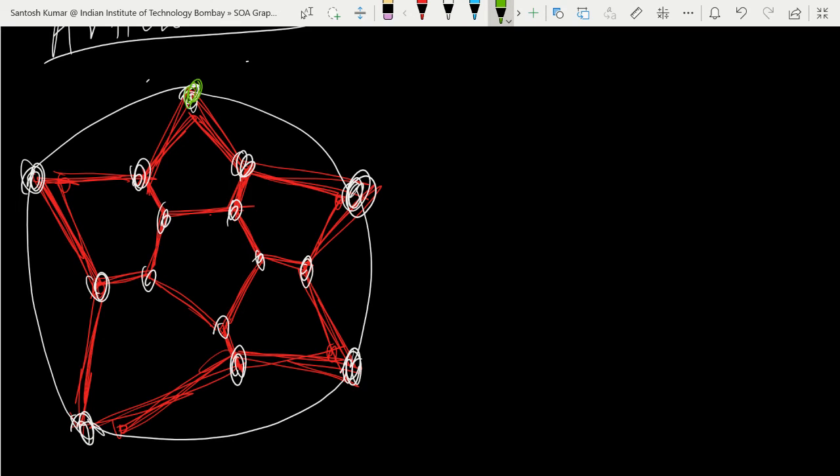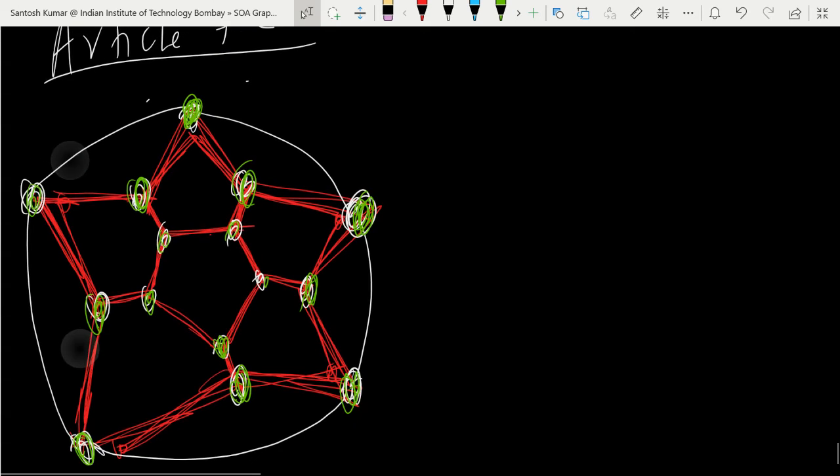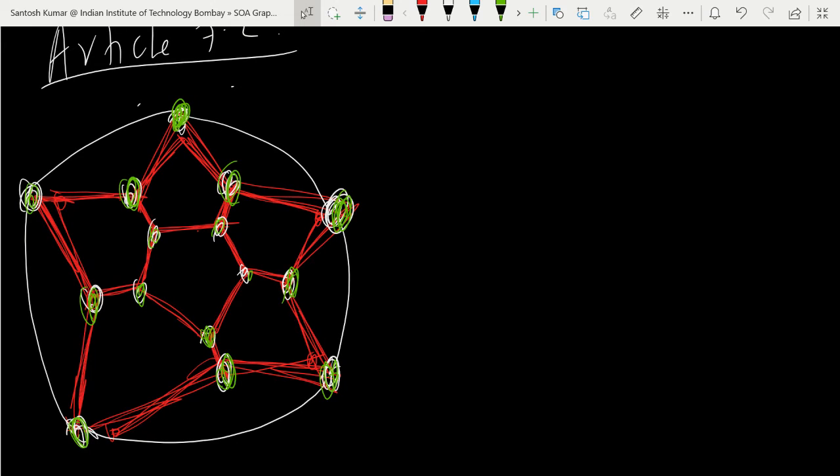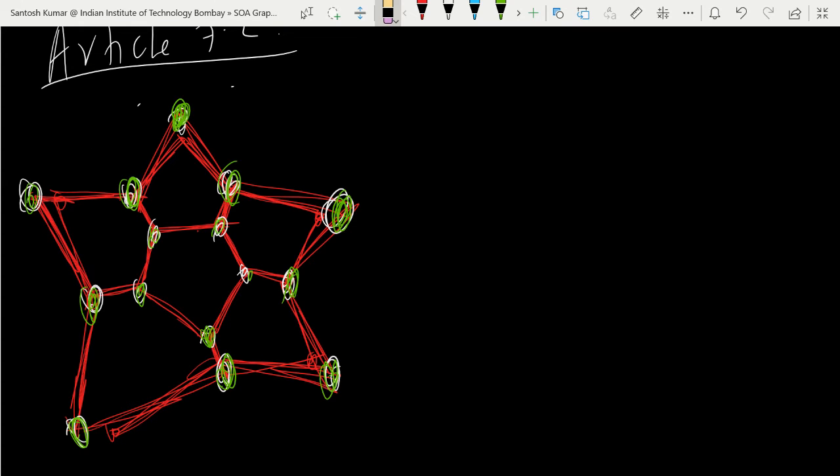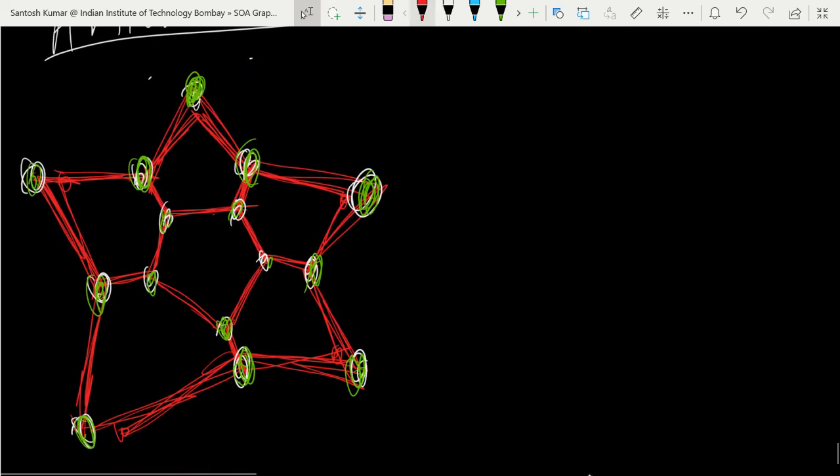Let me count again. But I wanted to make another graph. One minute. I want to make a graph with 20 vertices. So increase this.